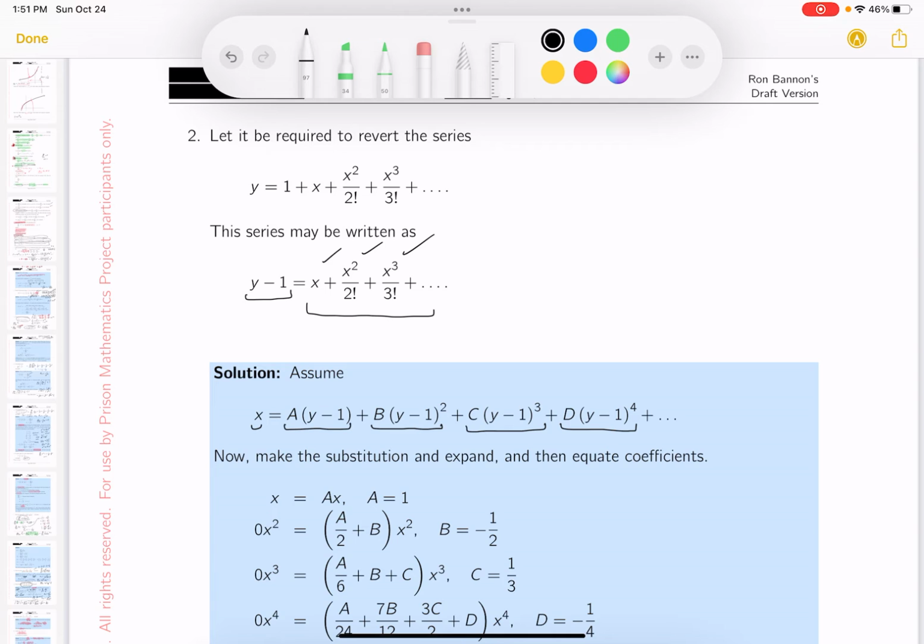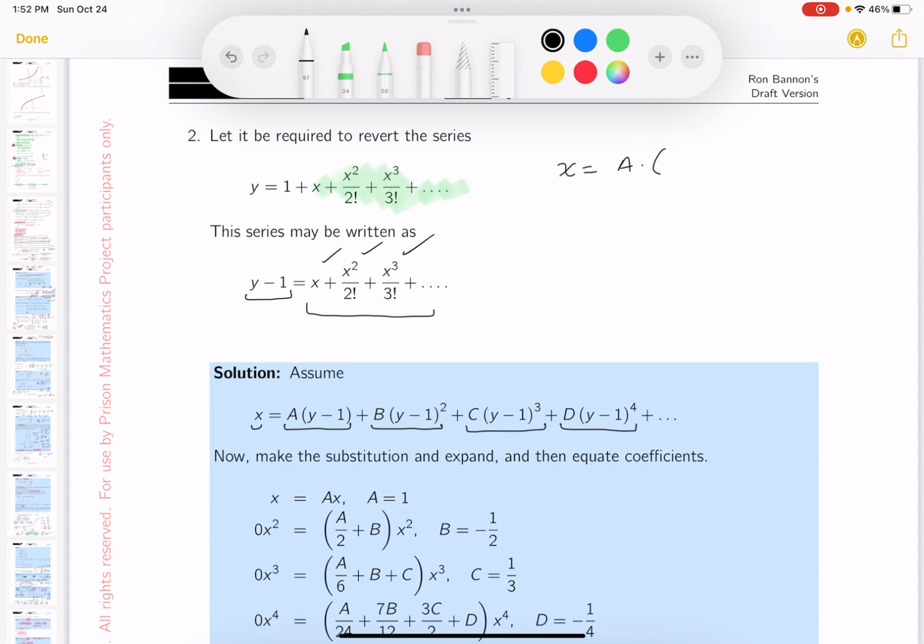And, well, that's easy. I want to point out what I mean by that. Y minus 1 is just this thing over here. That's all it is. You plug it in. And if you did that, I would say it's really not bad to plug in, but you're going to get this. x equals a times, and what would that give you?